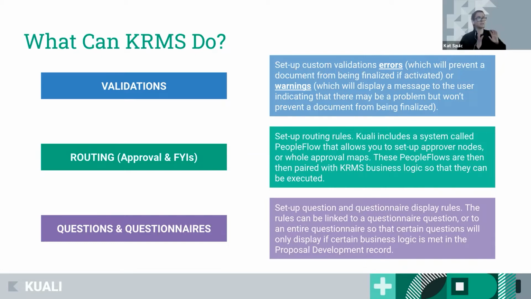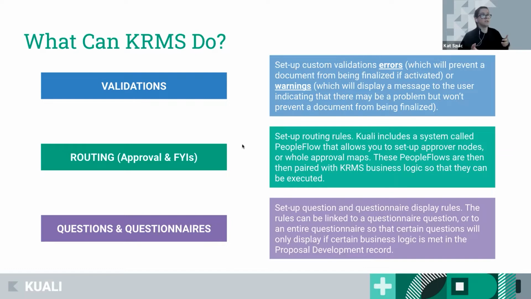But via this crumbs business engine, you have the ability to set up your own custom validations. For example, those validations could be errors, or they can be warning messages. Errors ensure that a certain data point that you're validating is completed before a record is finalized, or in the case of proposal development, submitted for review.